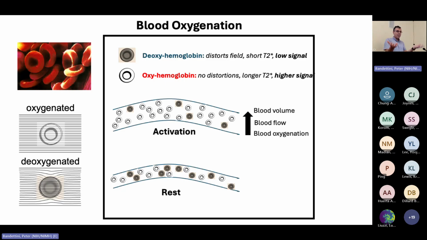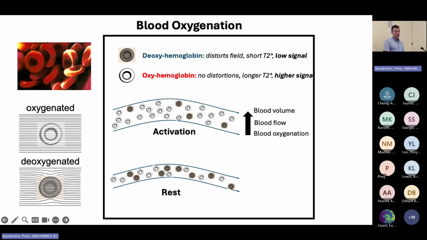So if there are none there, it's diamagnetic, and it's essentially invisible, like the rest of tissue. It sort of blends in. If it's deoxygenated, it has free electrons that attract the field. The individual iron molecules become paramagnetic, but the red blood cell is less diamagnetic than the rest of tissue. So it's diamagnetic, but less diamagnetic. So it distorts the field.